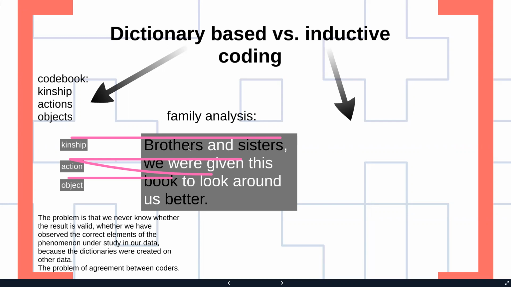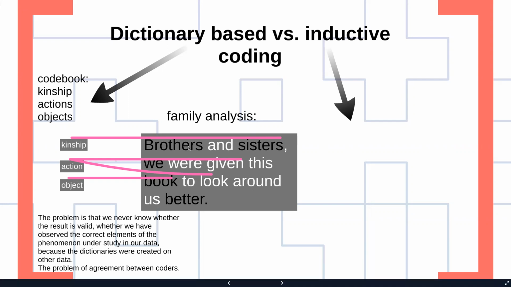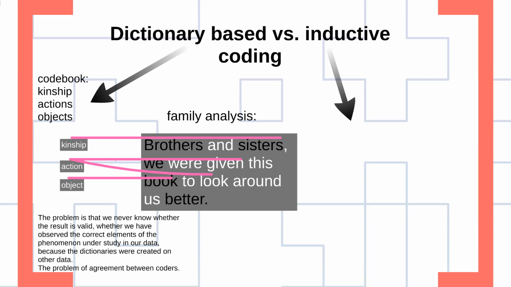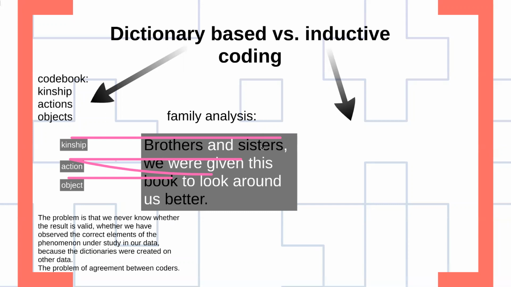But if we have a longer text and coders who are not aware of different types of addressing, or who don't know religious practices, they would code it as kinship because it contains kinship labels or kinship elements.